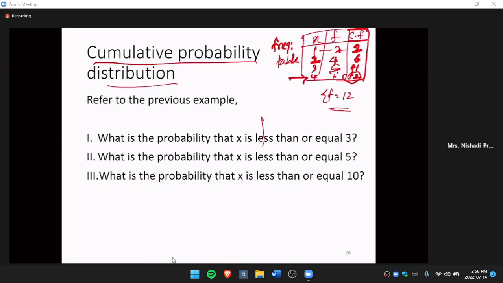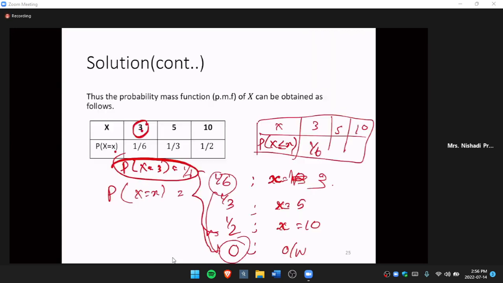Now tell me, what is the probability that x is less than or equal to 5? Less than or equal to 5. You have to add this and this. 1 over 6 plus 1 over 3, that is half. This half means what? Not the probability when x equals 5. This half means the probability when x is less than or equal to 5.